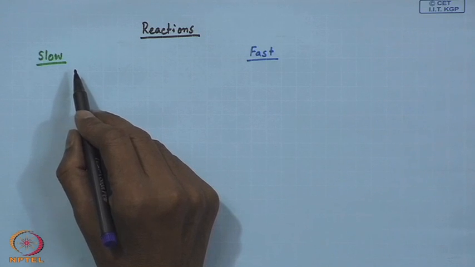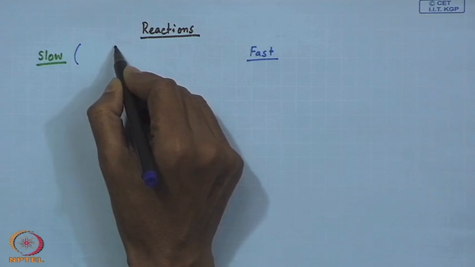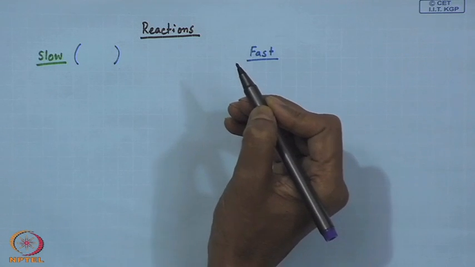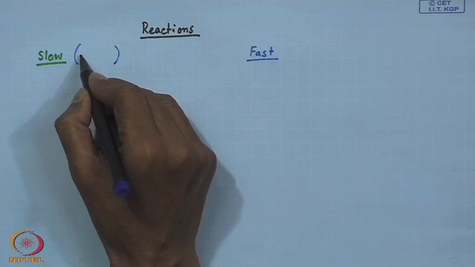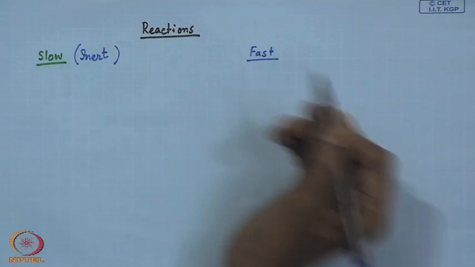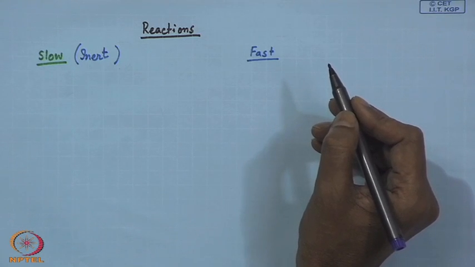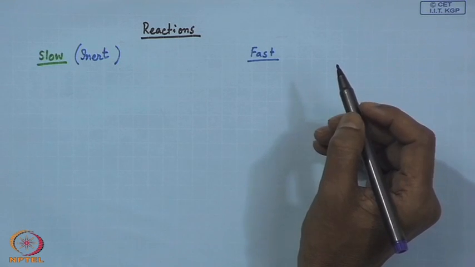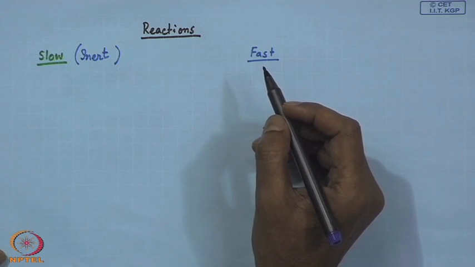When we have slow reactions, we label the corresponding complexes participating in them as inert complexes. These inert complexes go for only slow kinetics, irrespective of their thermodynamic stability or instability.